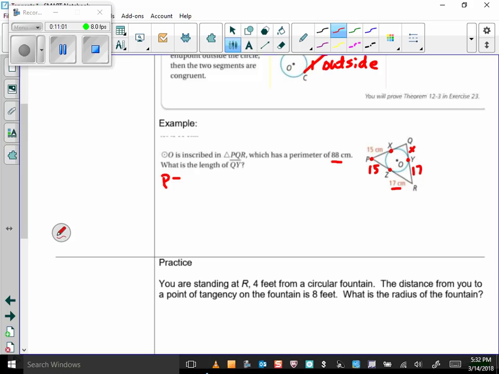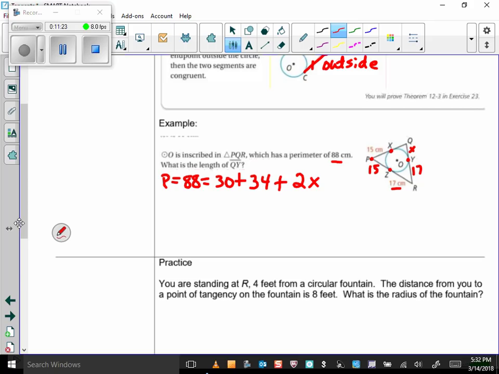So the perimeter, which is 88, is the sum of all the side lengths. I've got 15 times 2, which is 30, and 17 times 2, which is 34, and then QX plus QY, which I know are congruent. I called them X, so I'm just going to put 2X right up there.